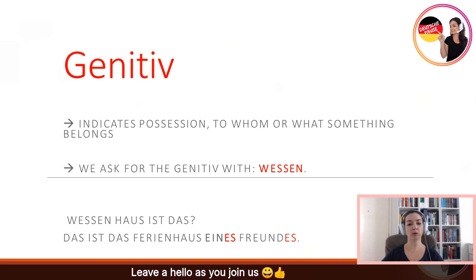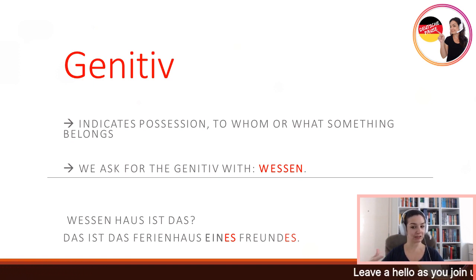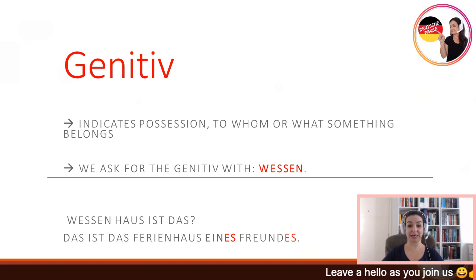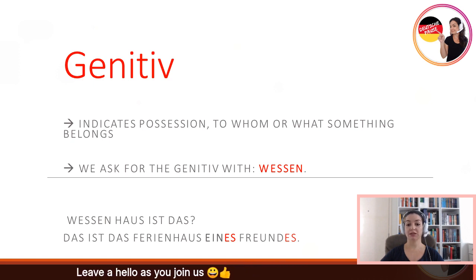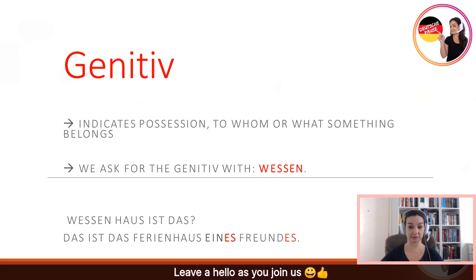And when we want to ask whose is this, in English we would ask whose, right? Who does this belong to? In German, we use wessen. So for example, here: wessen Haus ist das? Whose house is this? This house belongs to whom? And then the answer: das ist das Ferienhaus eines Freundes.